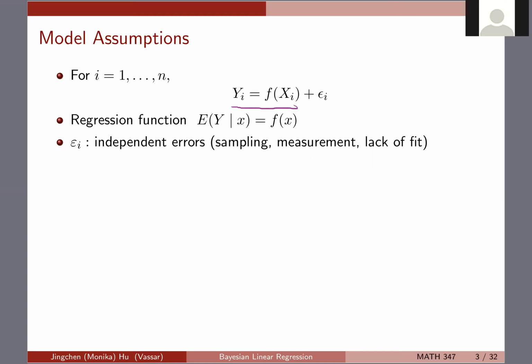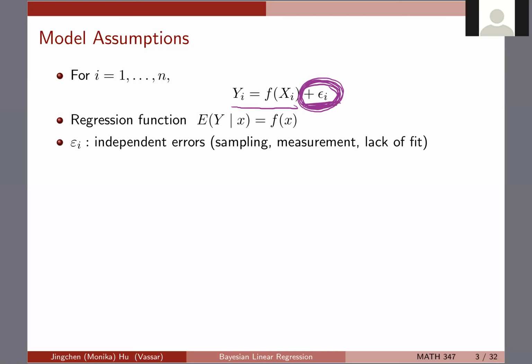There is some error or some up and down, some random unknown quantities that are being added to the response. That's why once you fit the linear regression, you should check whether all of the errors are behaving in the way that you thought. That's the diagnostics that people usually do.